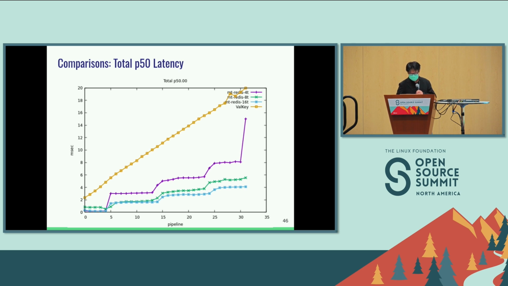For the 50 percentile, it's quite interesting that with Userspace RCU, it's still possible to have higher latency if we do not select the flavor carefully. So we're still trying to figure out the reason. Maybe we have to collaborate with Userspace RCU hackers.